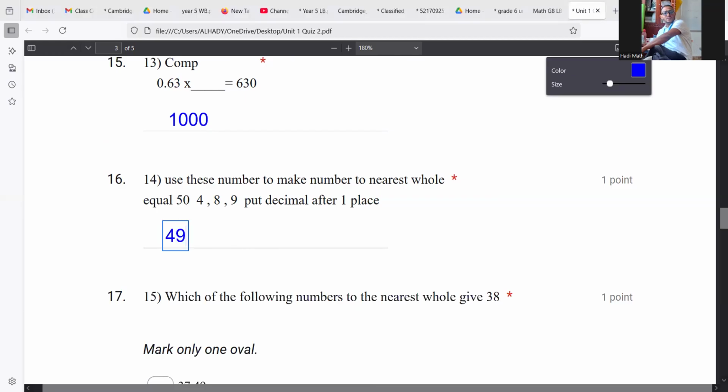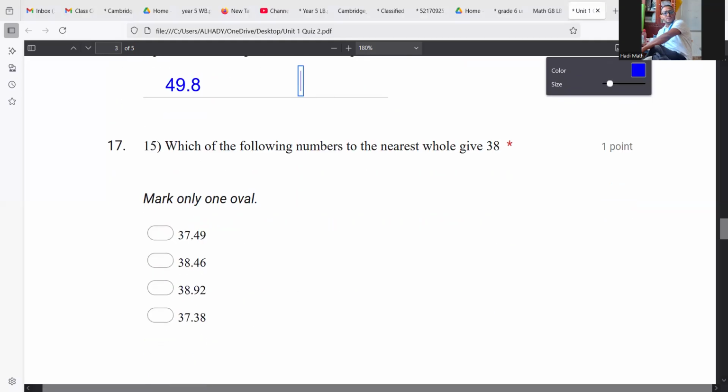It's going to be 49.8, because when you round 49.8 to the nearest whole, the whole number is 49 and the digit 8 is more than 5, so you add 1 to the 9. Some people make the mistake and write 48.9. With 48.9, the whole number is 48 and the decimal digit is 9, so you add 1 and it's going to be 49. But we need 50. That's why it should be 49.8.